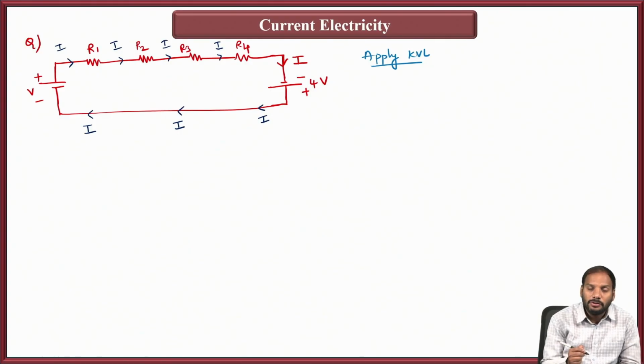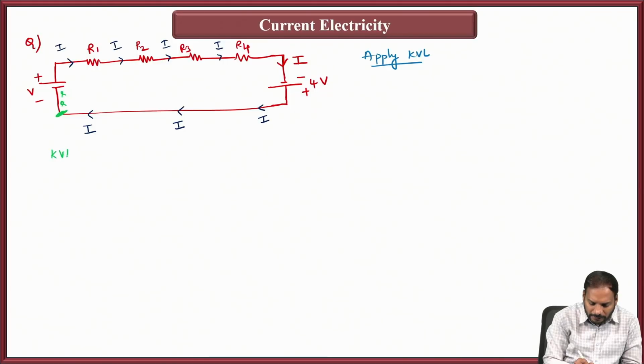That means I need to walk along this loop. I start at this point, walk like this, and complete the loop. The algebraic sum of voltages is exactly equal to 0.